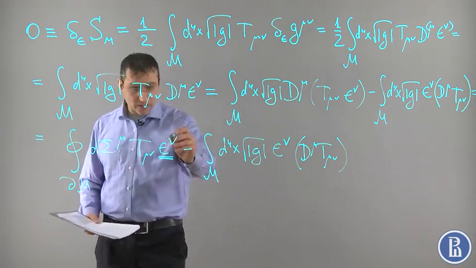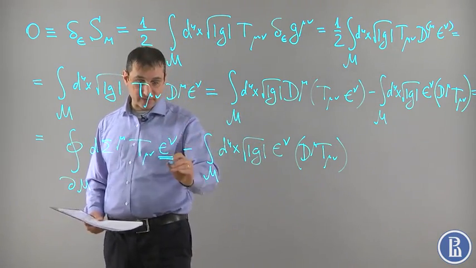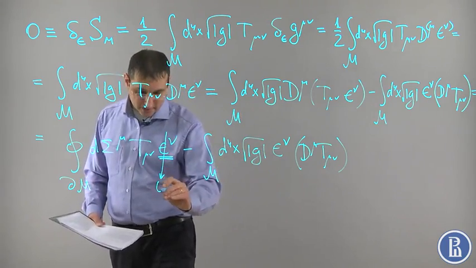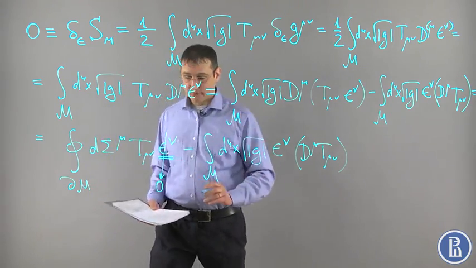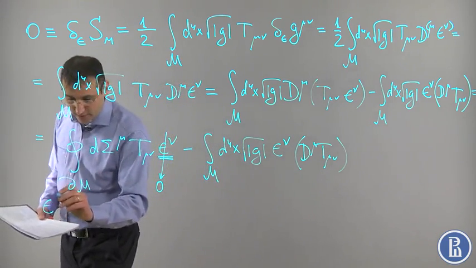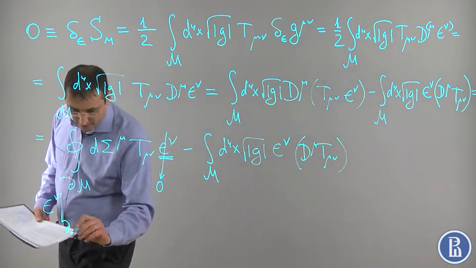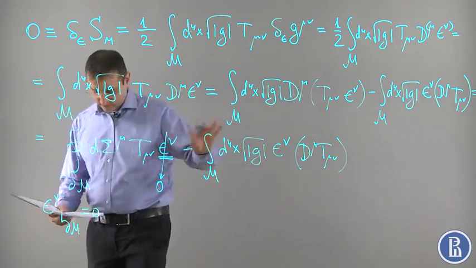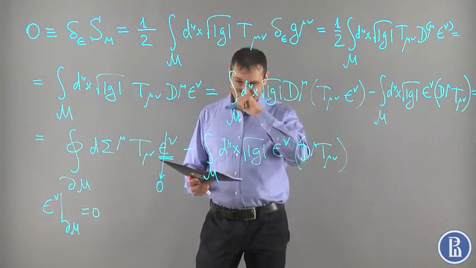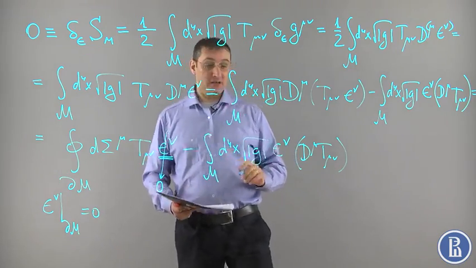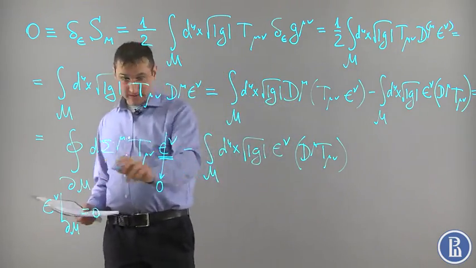So we assume that the coordinate transformations vanish at the boundary. Epsilon nu at the boundary is 0. So our variations do not change the boundary terms. So as a result, this is 0.